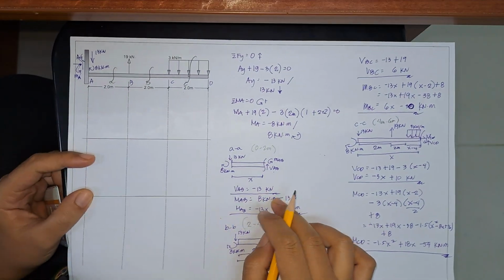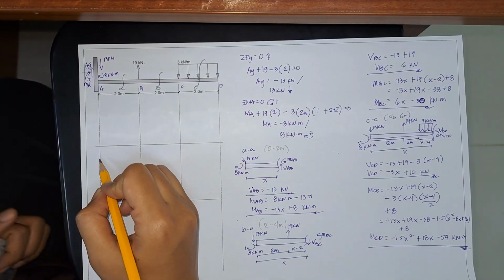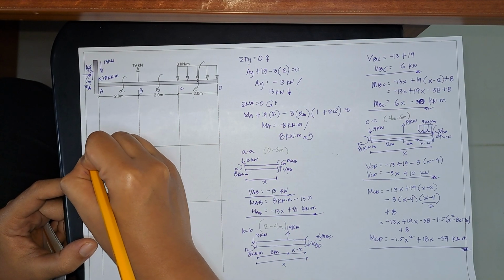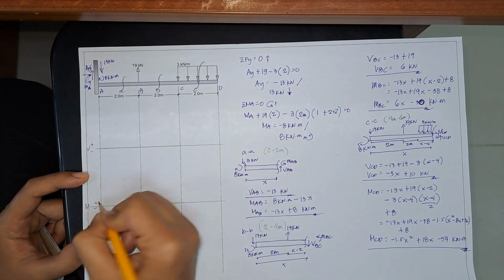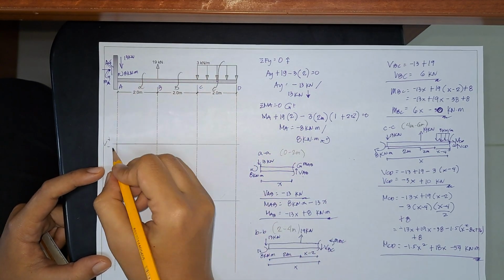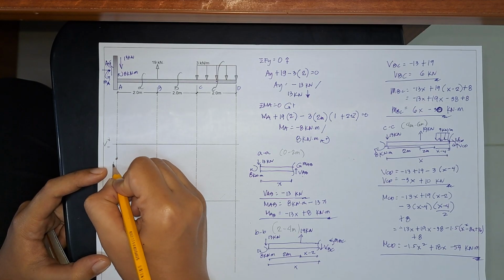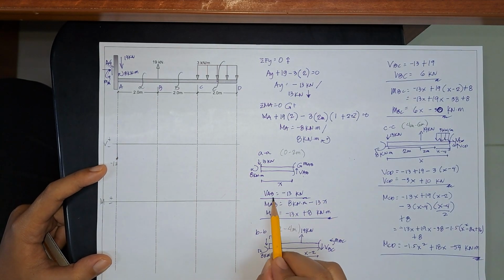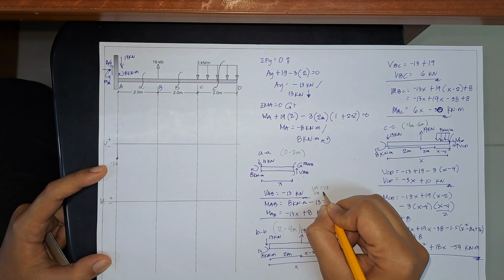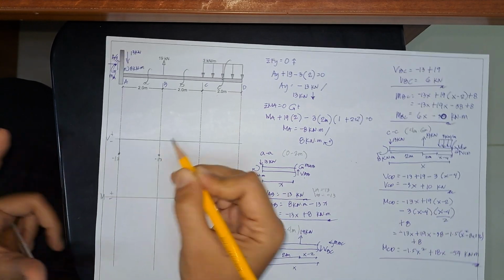So for AB, we have here negative 13. So pababa. This is for positive and negative shear tapos moment, positive, negative. Okay? So, from here, pumunta siya ng negative 13. Tapos, at point B is also negative 13. Okay, then connect the dots.